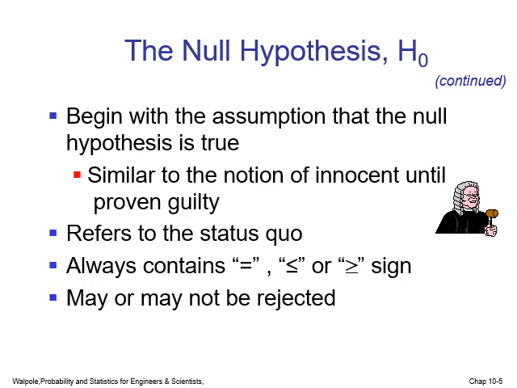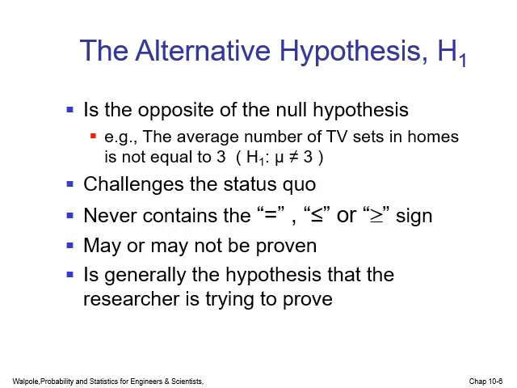It's similar to the notion in law, that one is always innocent until proven guilty. So the rejection of H0 will lead to the acceptance of an alternative hypothesis. And this alternative hypothesis will be denoted by H1.